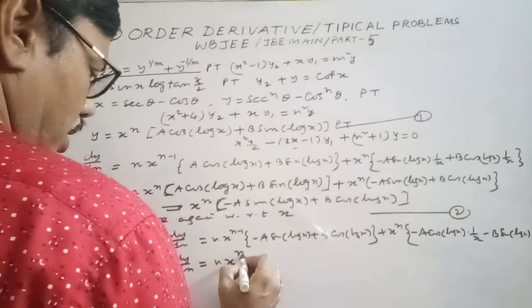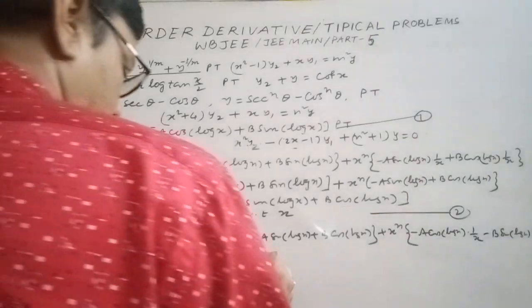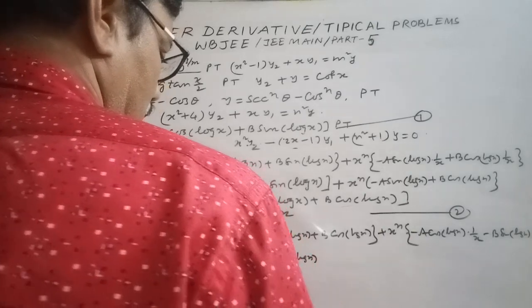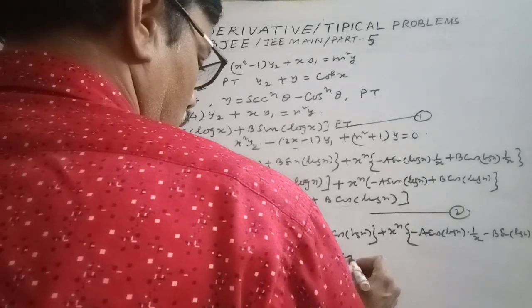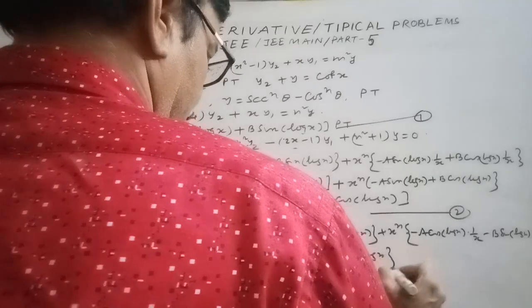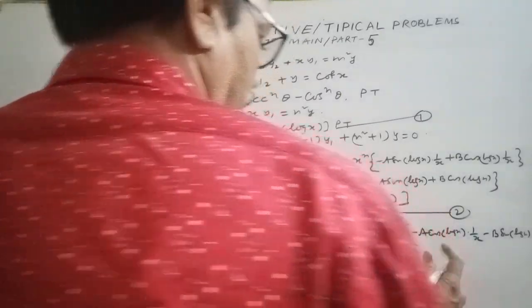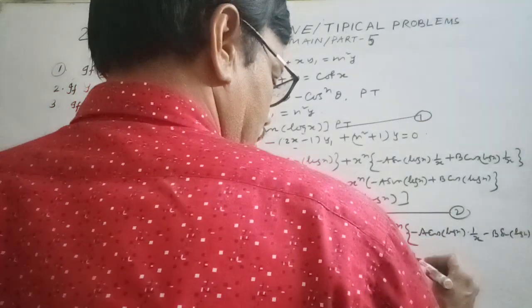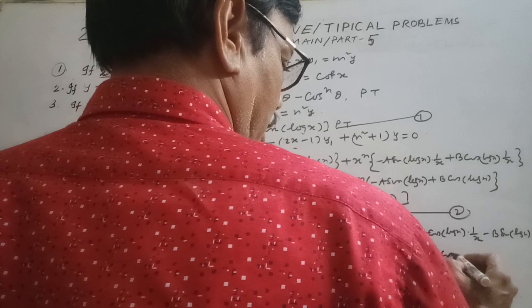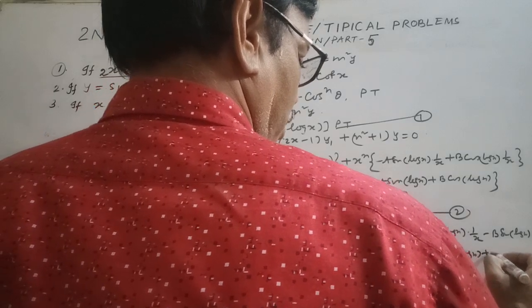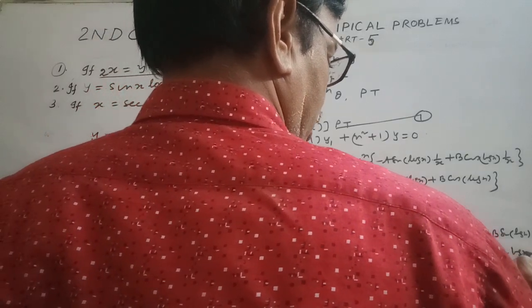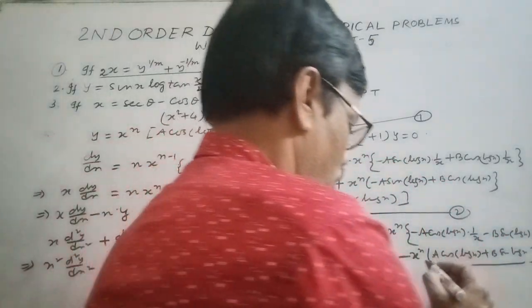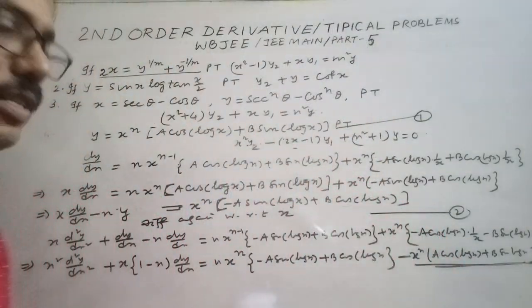Then n into x to the power n into minus a sin log x plus b cos log x, plus, if you take minus common, x to the power n into a cos log x plus b sin log x. So this is again y, from the given relation.